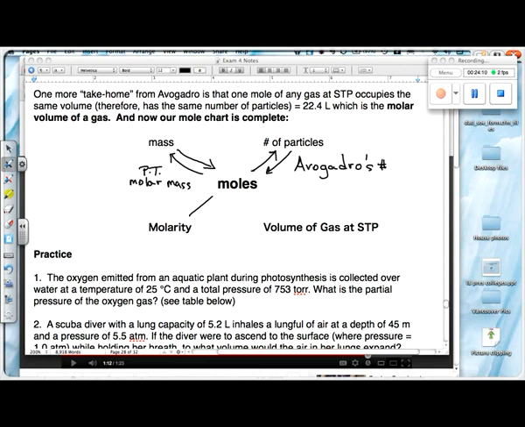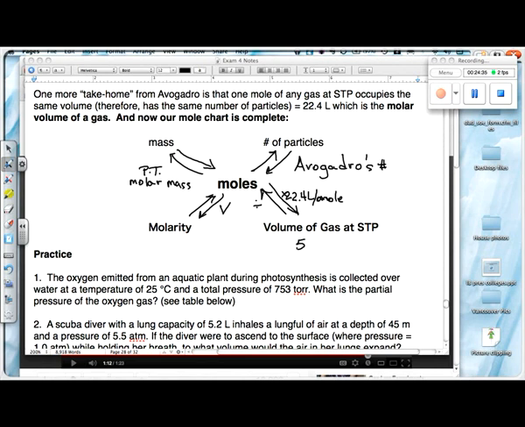We can go back and forth between molarity and moles using the volume. And we can go back and forth between moles and volume of a gas at STP, using the 22.4 liters per mole. So I would multiply in this direction and divide by it in the other direction.